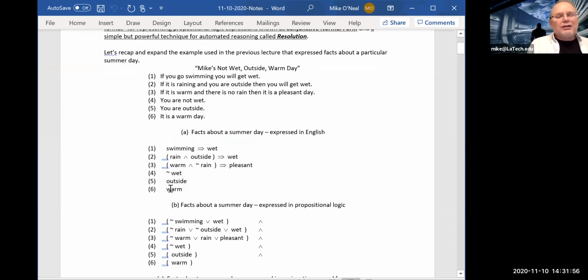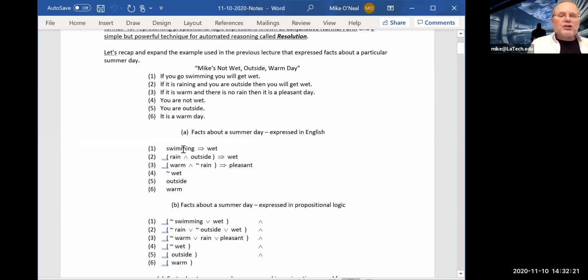Where's the you? Well, there is no you. I dropped it. I'm just going to understand that all of these statements, when I'm making a statement, apply to me, right? And how about warm? A lot of things can be warm, right? Why didn't I call this warm day? I could have called it warm day if I had wanted to, as one word, WARMDAY, or maybe underscored if you wanted to do that.